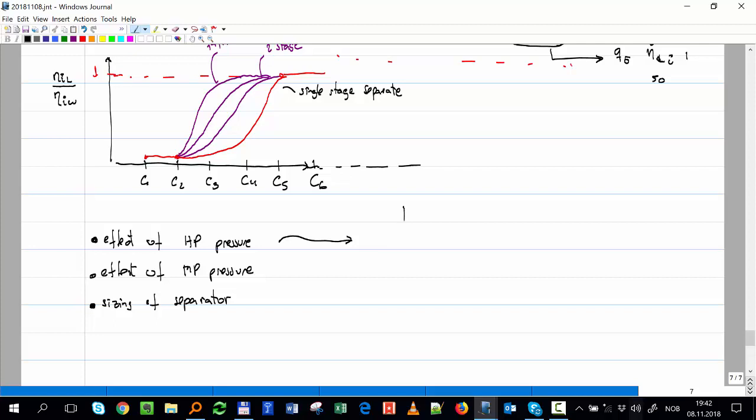Let's say that for this experiment we have a fixed inlet, a certain mass flow, that's fixed.